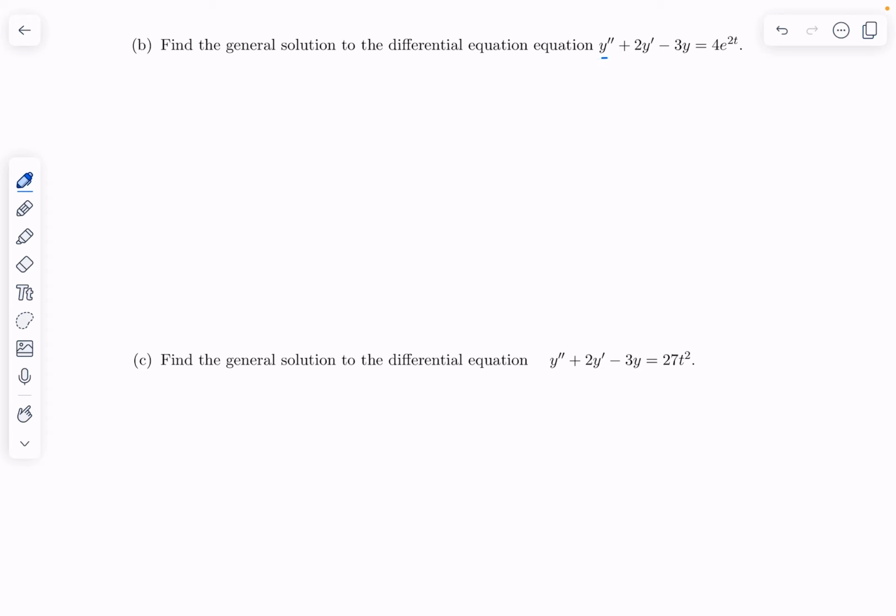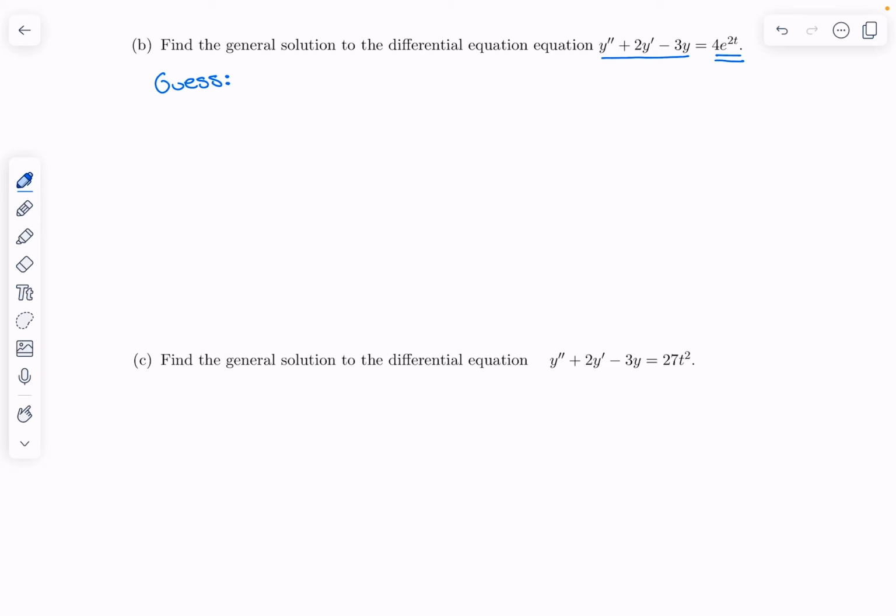Now you'll see that the left-hand side is the same as it was for our homogeneous equation, but now on the right we have 4e to the 2t. So I need to guess a particular solution so that when I take y double prime plus 2y prime minus 3y, I get 4e to the 2t.